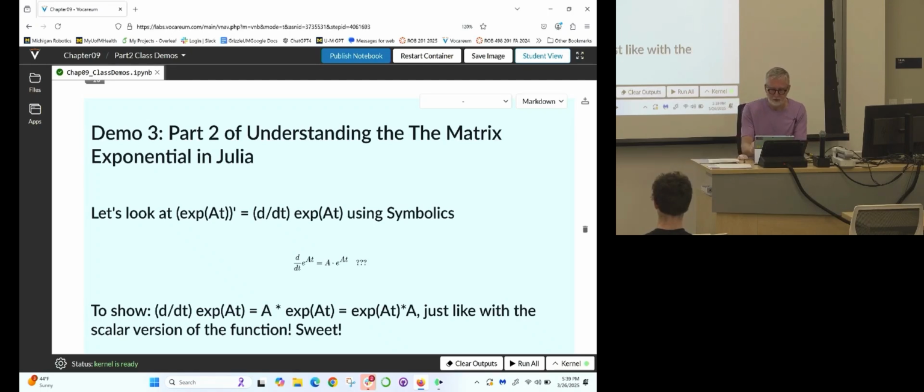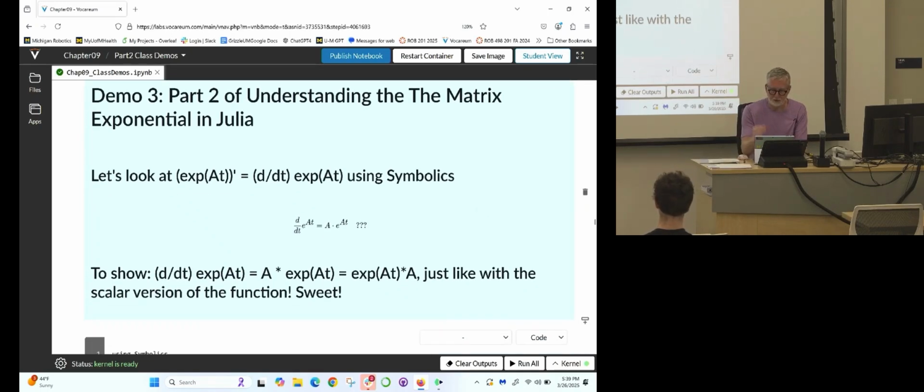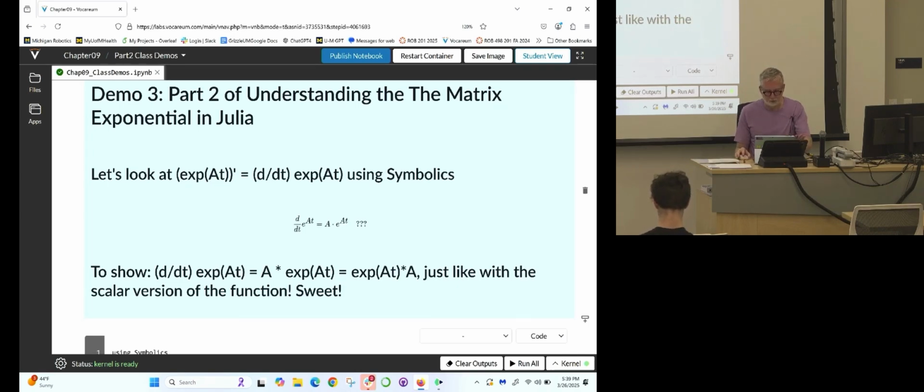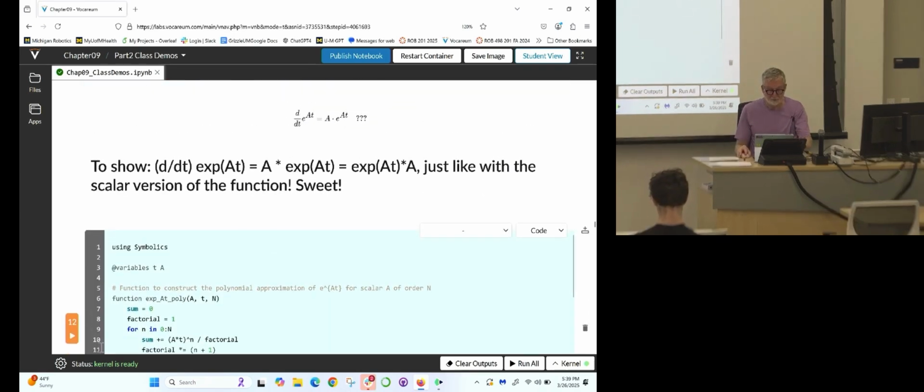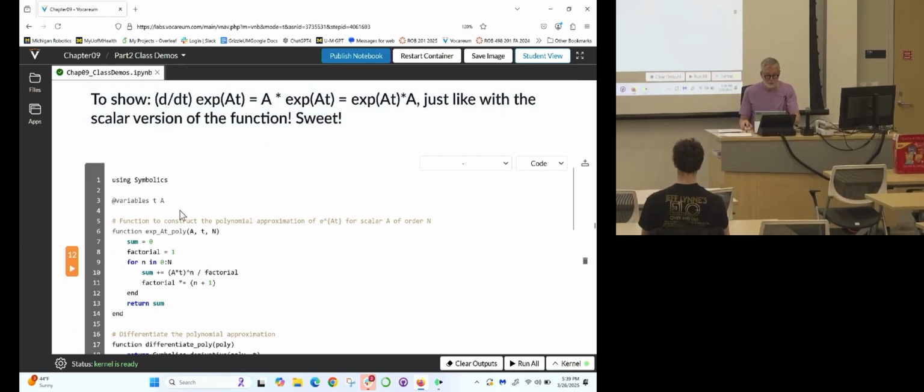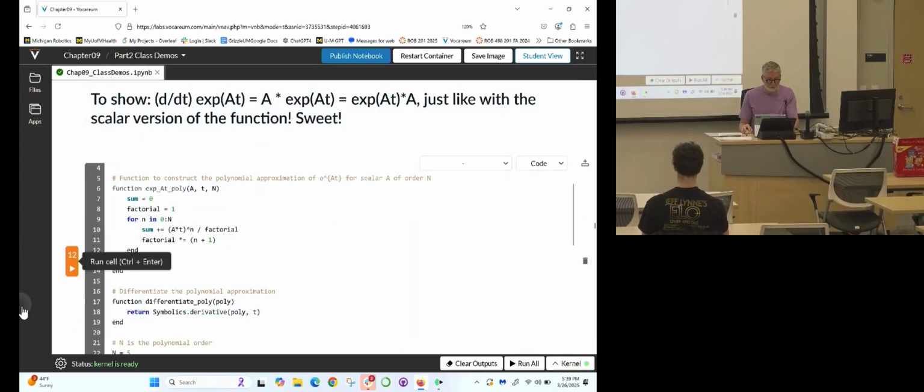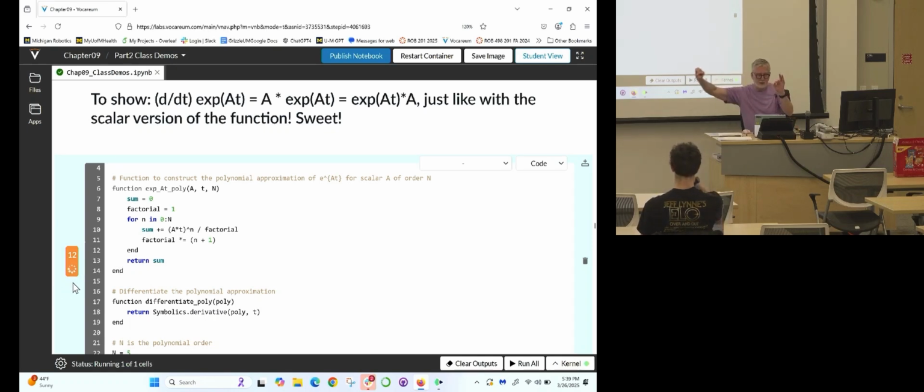Okay, so reviewing some of the stuff: the derivative of e to the At is A times e to the At, because that is the crucial component that makes the matrix exponential the solution of x dot equals Ax. What I've got here is a simple function that does a Taylor polynomial. I can't go out to infinity.